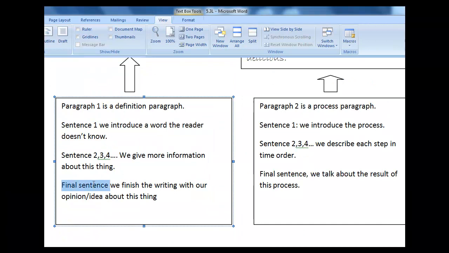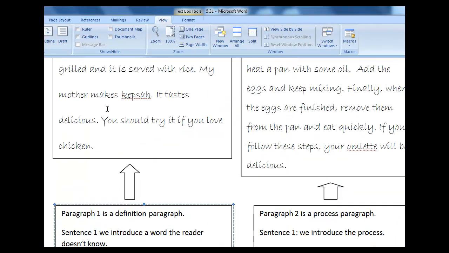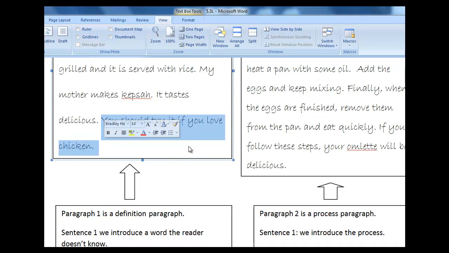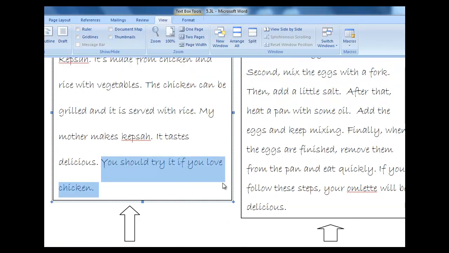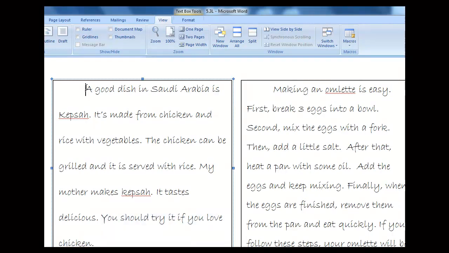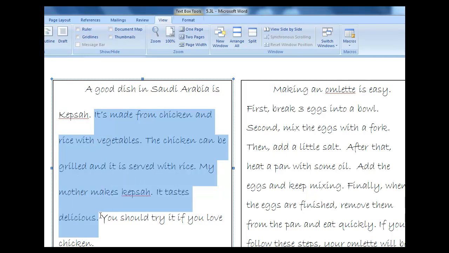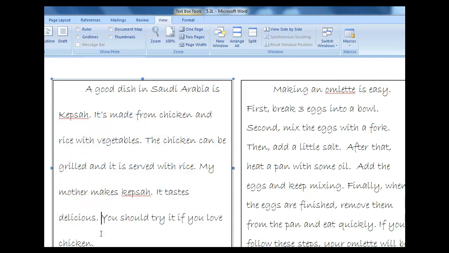And then the last sentence, we finish with our idea or our thinking about this thing. What do we think of kebsa? You must try kebsa if you love chicken. You should try kebsa if you come to Saudi Arabia. Okay? So introduce it, explain it, and then give your idea about it.